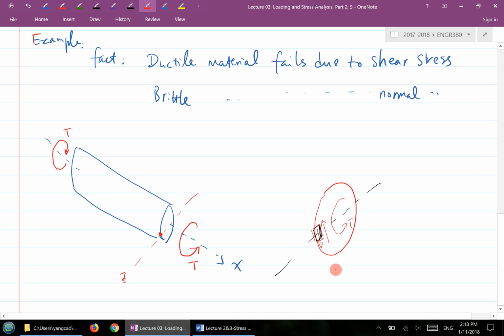Down, right? Yes, it has to be in a consistent direction with the torque. So to create that stress element, you draw at this location that shear stress going down.